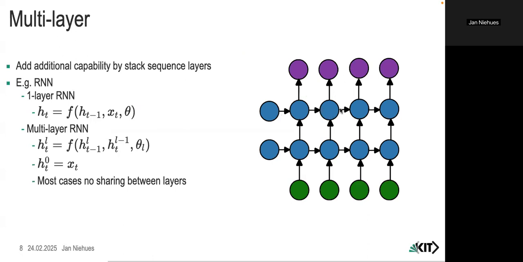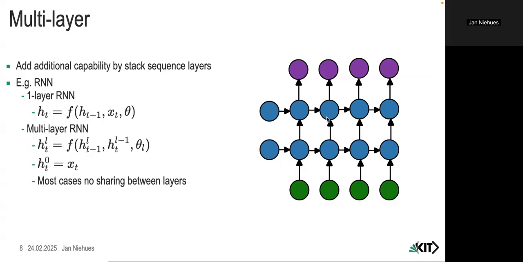So you see this blue one here depends on the one hand on the previous hidden state in the same layer and on the same time step in the previous layer. So these two blue ones lead to this new hidden state.